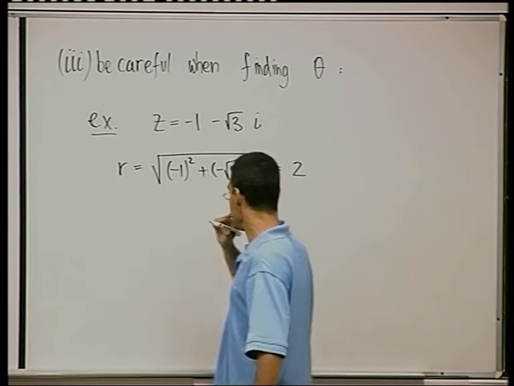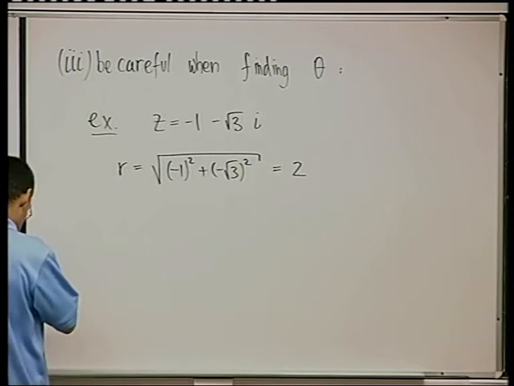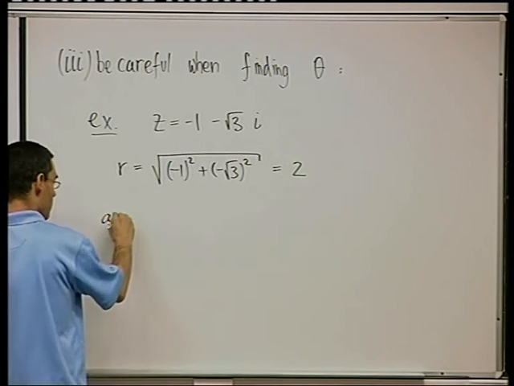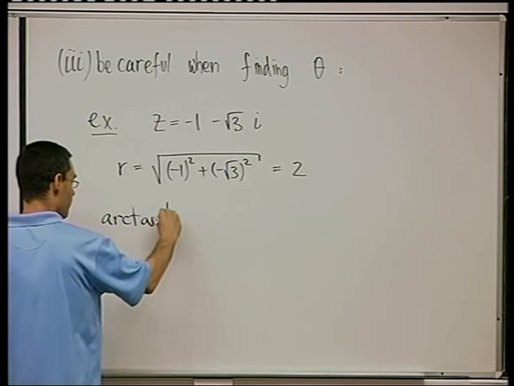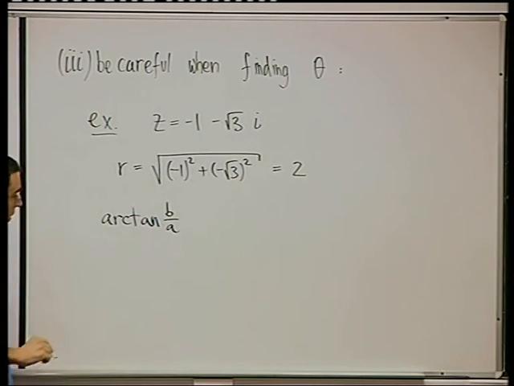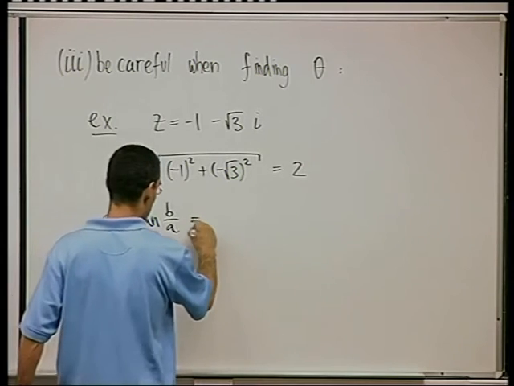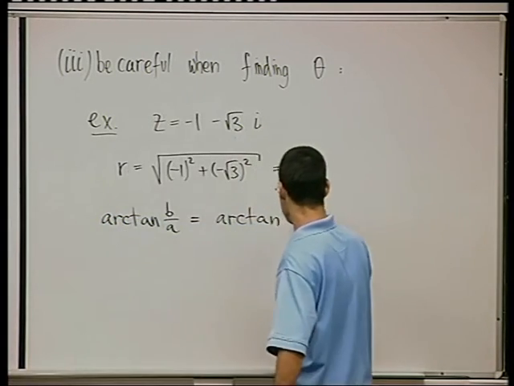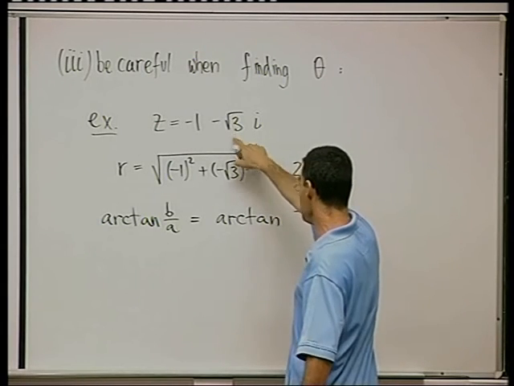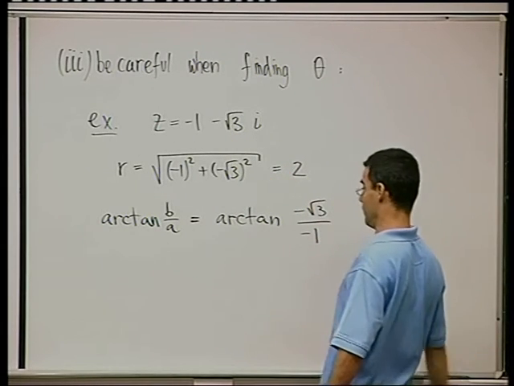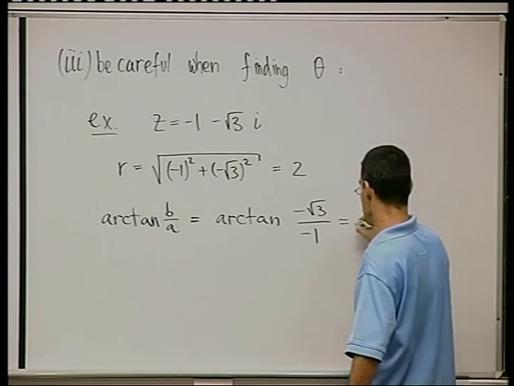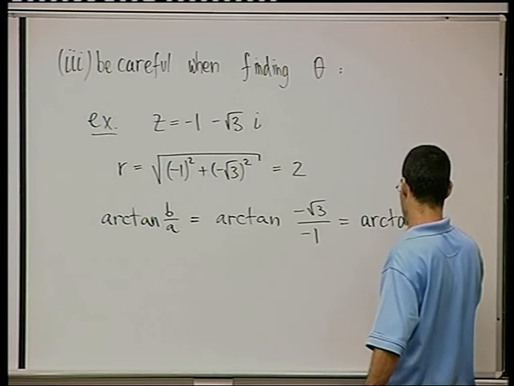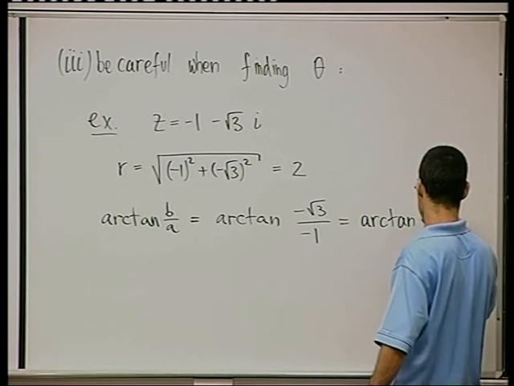But what about theta? If I would just proceed according to the formula that we wrote there, arctan of b over a, in our case is arctan of minus root 3, that's b, divided by -1. And the minuses cancel out, so it's just arctan of root 3.